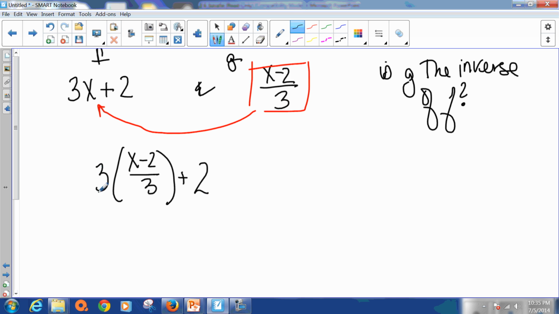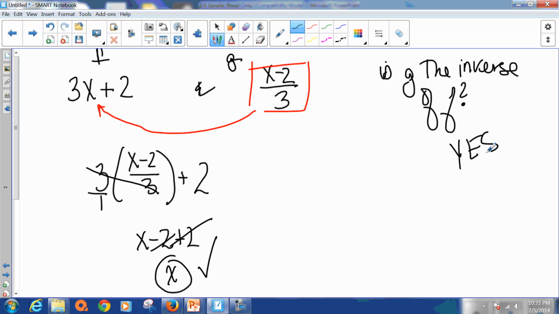Well, the 3 and this divide by 3 down here, they go, right? We just cross divide. And I get x minus 2 plus a 2. Well, those go, and you're left with just x. And when you're left with just x, your answer to this question will be yes. Indeed they are, because everything I said to do before with no leftover, I get the same thing back.